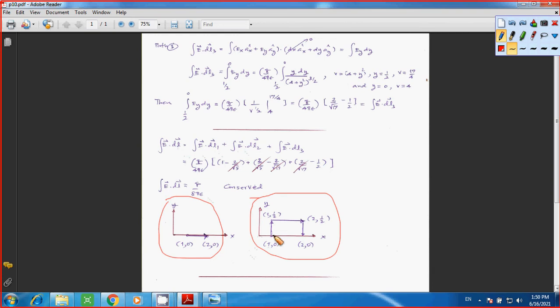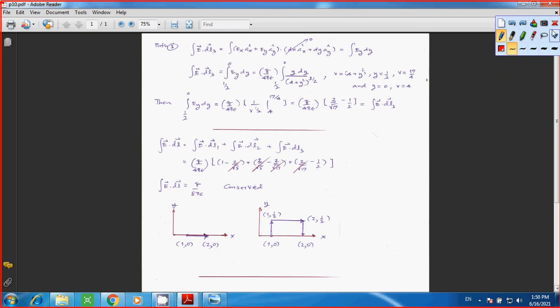The integration of E dot dl is going to be equal to the line integration of path number 1 plus the line integration of path number 2 plus the line integration of path number 3. So I add them up. And then finally I have my line integration of electric field equal to q over 4 pi epsilon.